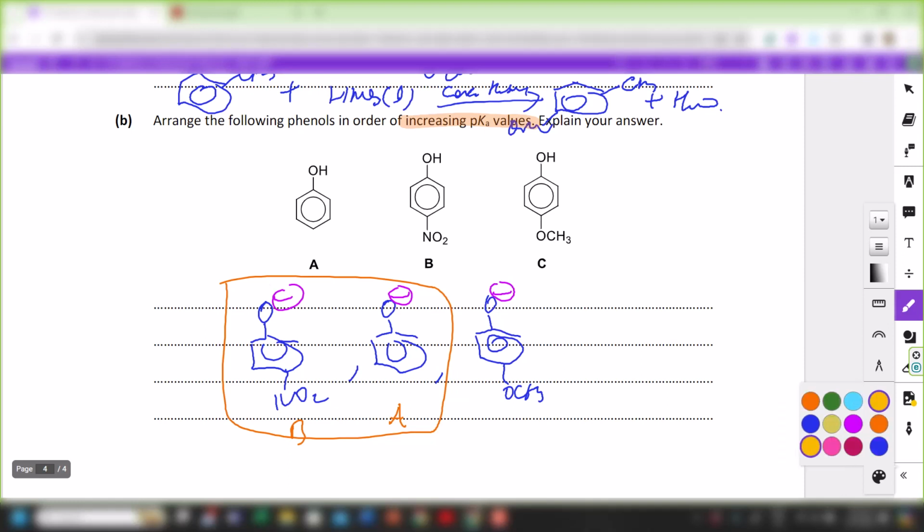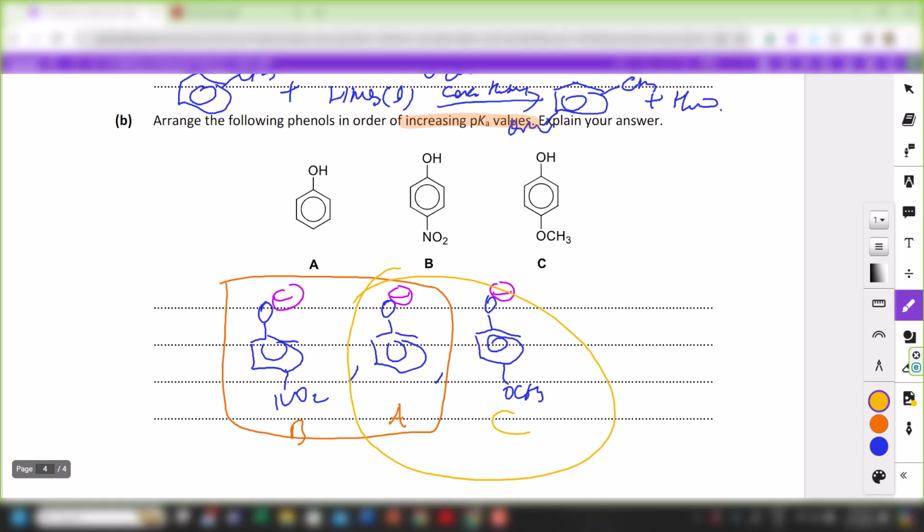Then I can compare between A and C. Same explanation, but instead of saying that the lone pairs of electrons of oxygen can be further delocalized into the phenyl ring, I would say that because of the electron donating OCH3, the lone pairs of electrons are prevented from delocalizing into the phenyl ring appreciably.